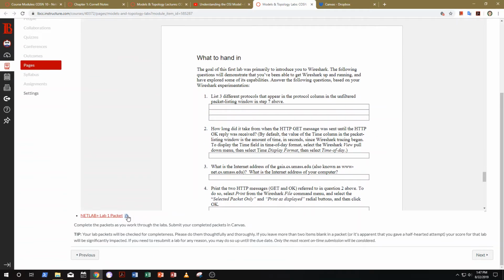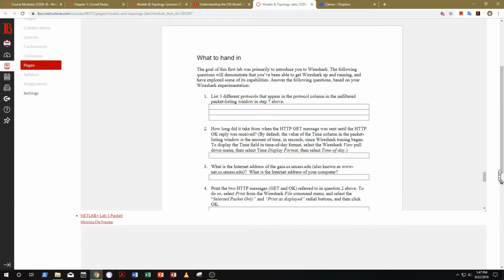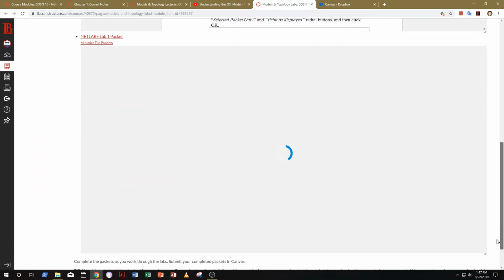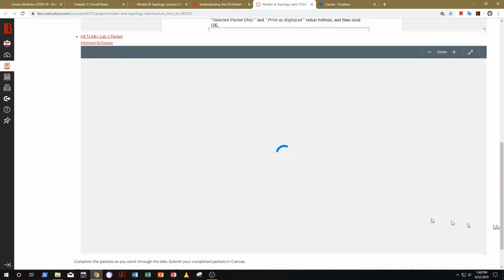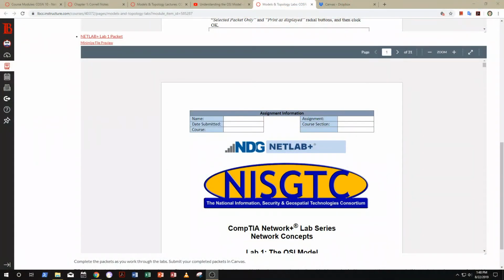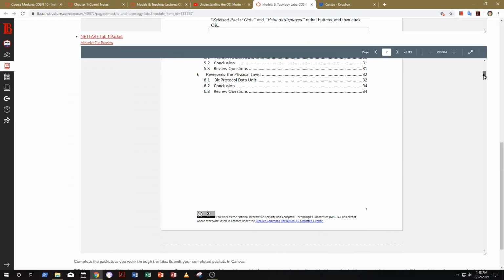Let me show you NetLab real quick. So this is a typical NetLab packet. It does take some time to download because it is a very large packet, but again, you want to make sure that you go through the documentation. You should be thinking about this as an IT professional. Go through the documentation, because it's real easy to miss certain things.